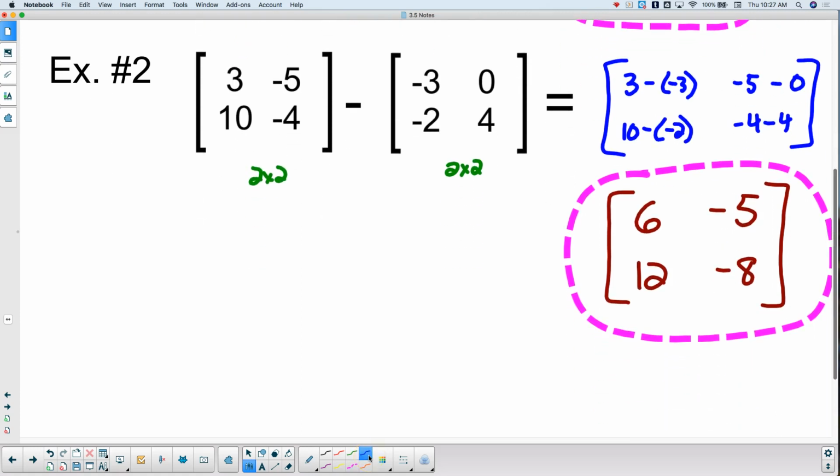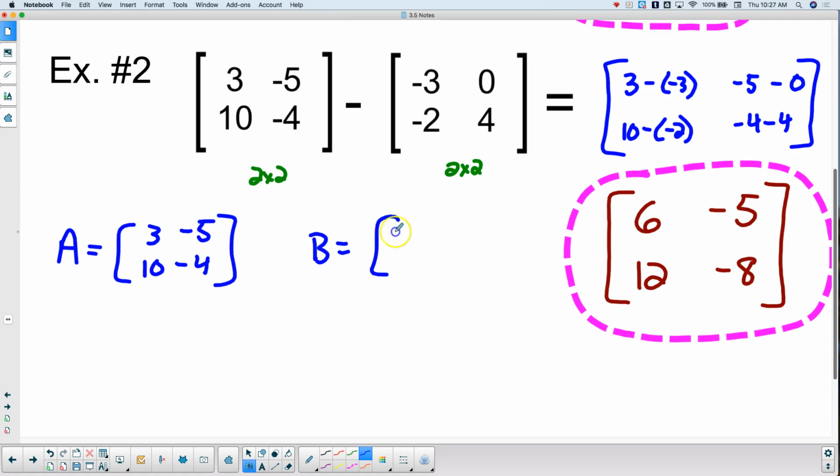We could have said, and you might see this in the future, hint, hint, tonight on your homework, that matrix A is 3, negative 5, 10, negative 4. And then I could have said that matrix B is negative 3, 0, negative 2, and 4.